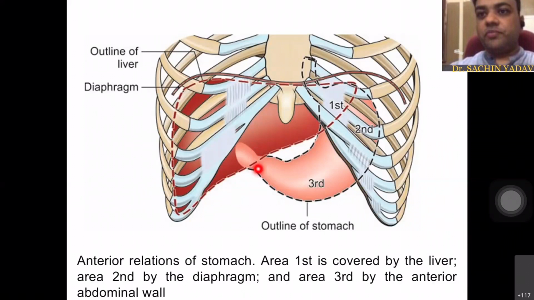You will find that the upper end is smooth, but the lower end has a nodule-like structure. This nodularity is nothing but the presence of the pyloric sphincter. So just remember that the nodule is present on the lower end. Then you can hold the stomach in the normal anatomical position.